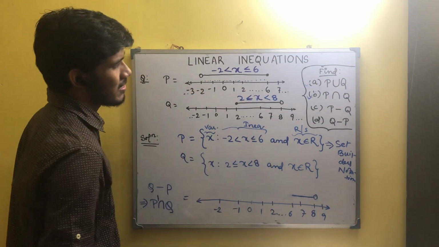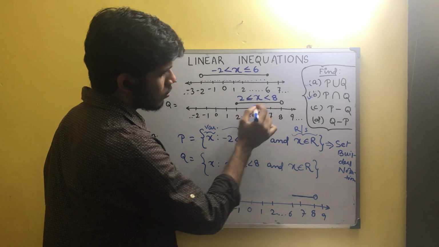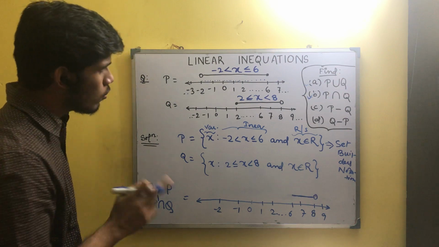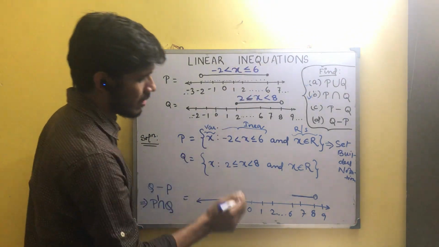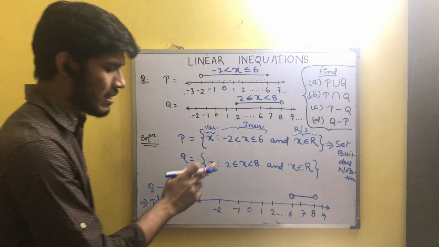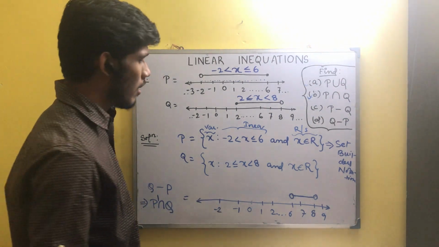But what about 6? 6 has been included here in Q because of this continuous line. But now it is said to exclude all those elements that belong to P. Now 6 belongs to P, so we need to exclude that. So our answer will be 6 to 8, and the same will be the answer for P dash intersection Q.